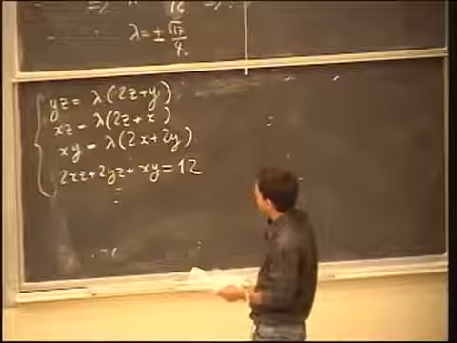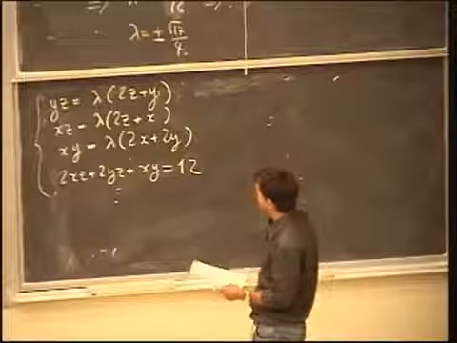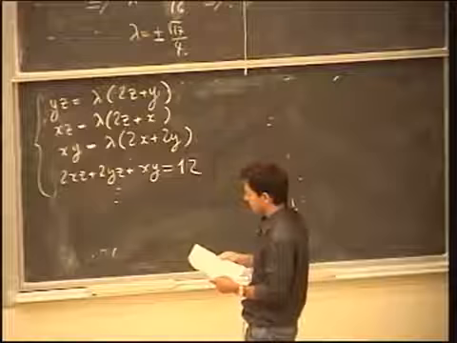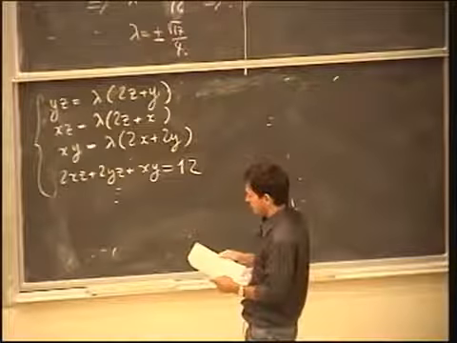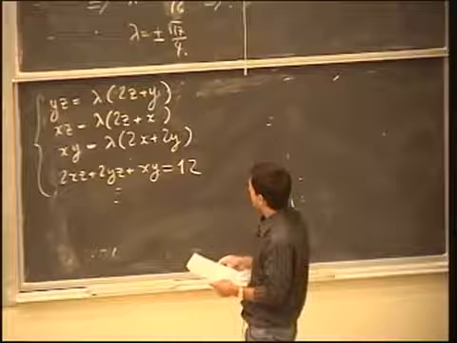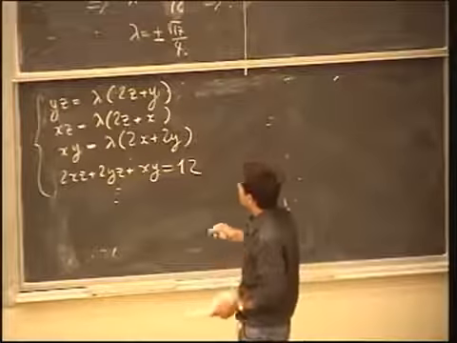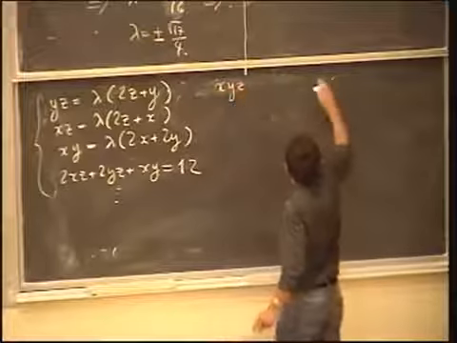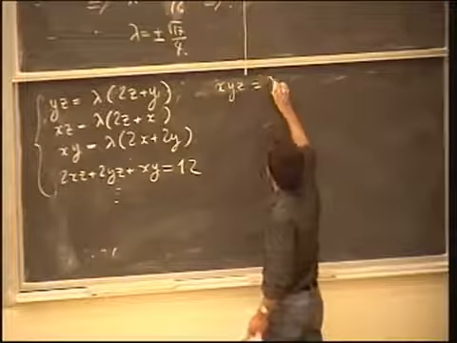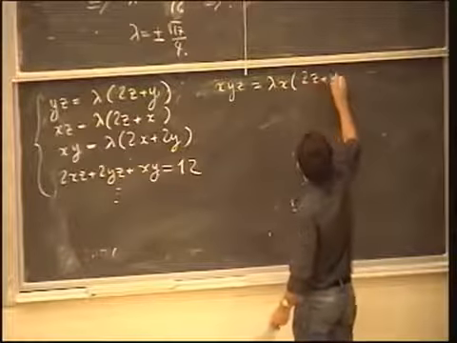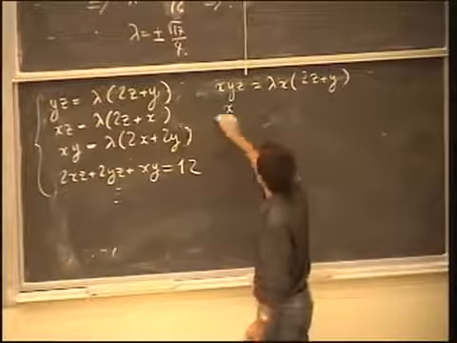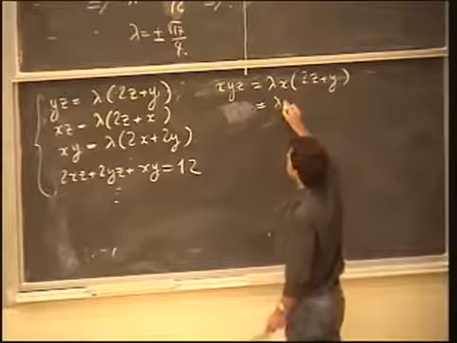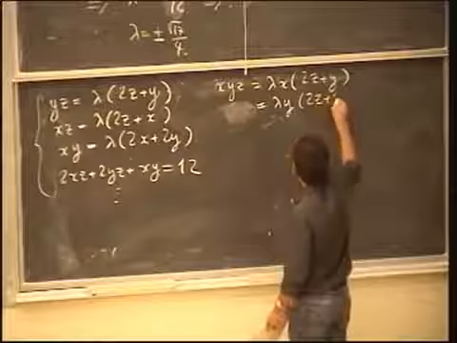For example, from the first formula we know that xyz equals lambda x times (2z plus y). But also from the second formula, xyz is lambda times y (2z plus x).